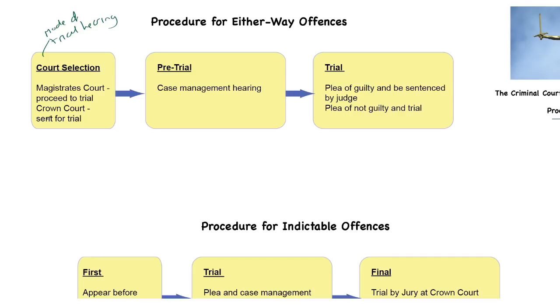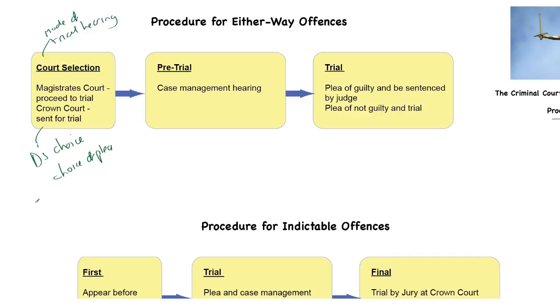Now, remember what I said when we looked at the previous video. Generally, it is the defendant's choice as to where they want to be heard on an either way offence, in a Crown Court or in a magistrates' court. And it's the magistrates' clerk and the lawyers who will explain to the defendant the choice of plea.